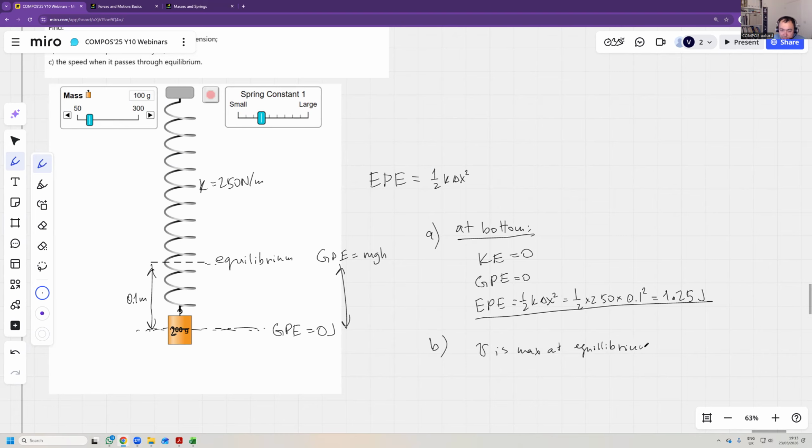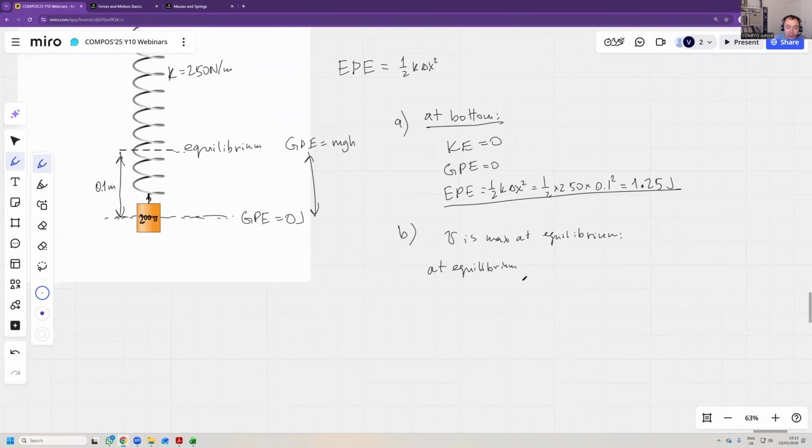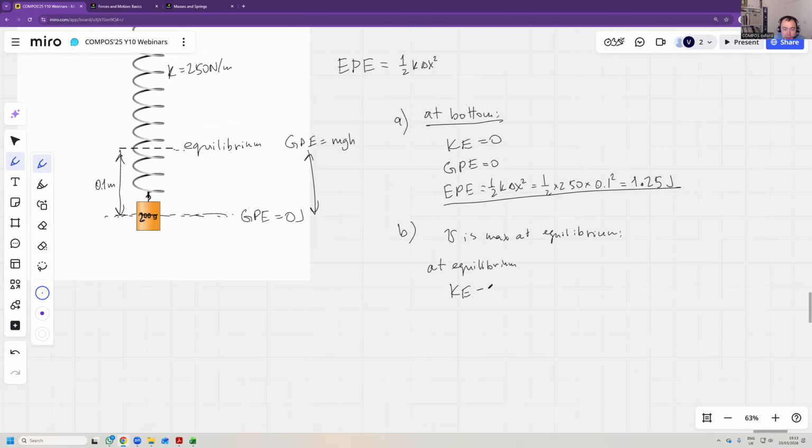So at equilibrium, kinetic energy is 1/2 mv squared. Gravitational potential energy is mgh. And elastic potential energy is 0 because the spring is not stretched.